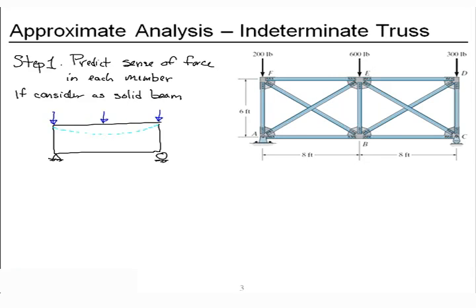It will deflect downward in the middle. When that happens, we'll get compression at the top and tension at the bottom, which means when we take a look at our truss, we expect compression in the top chords, tension in the bottom chords.